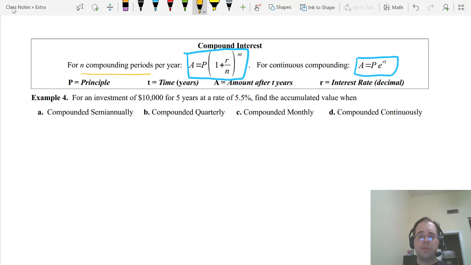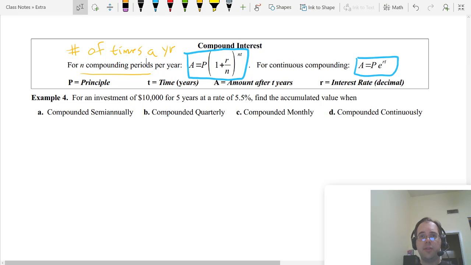So n compounding periods means how many times per year the interest is being paid. Okay, so that's really what that's referring to here. And there are two different ways of doing it: for n compounding periods, or for what they call continuous compounding.